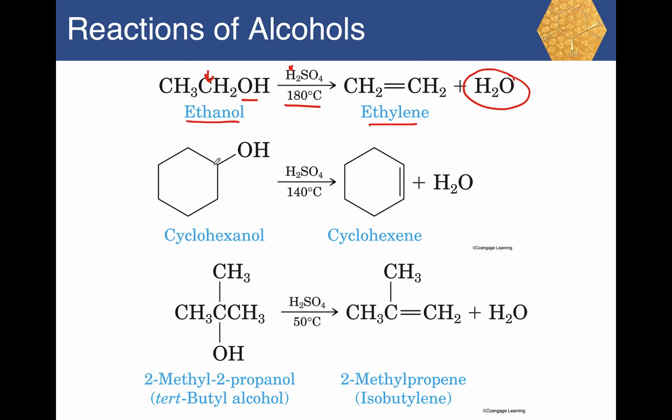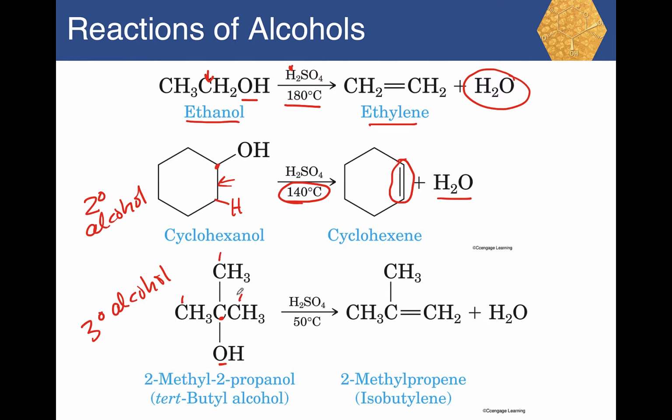Let's look at this one. This is a secondary alcohol, and of course here's the hydrogen. So the double bond will form right here. As you can see, here it is, and here's water, but now the temperature is less, 140 degrees, and this is a secondary alcohol. This is a tertiary alcohol. Why? Because the carbon that has the OH group is bonded to 1, 2, and 3 alkyl groups.